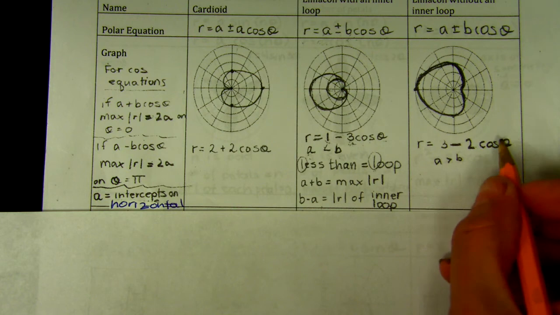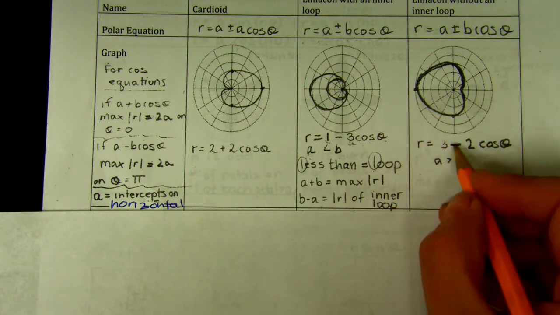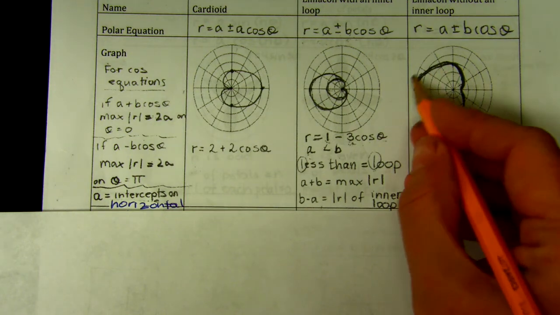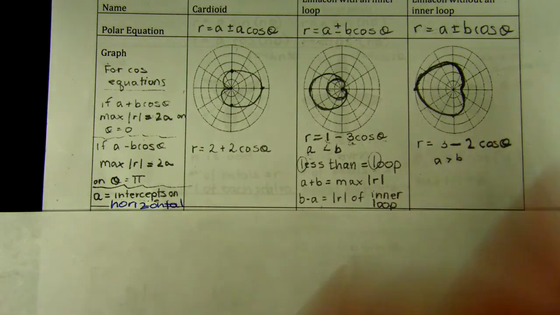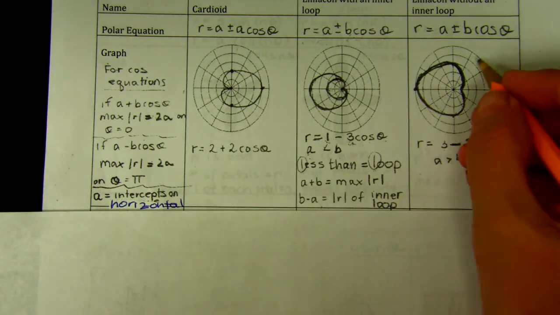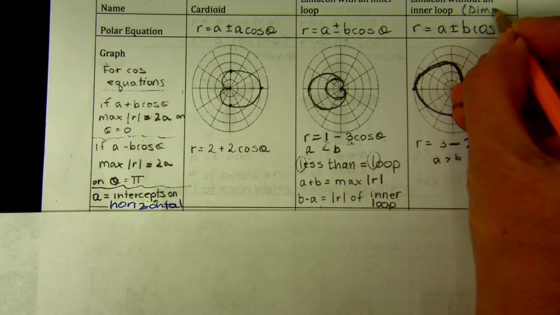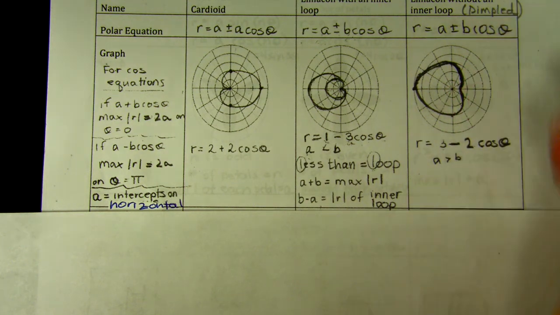It's a cosine theta, so we know it's going to be centered around the horizontal axis. It's a negative 2, so I know it's over here in the negative space. However, since 3 is bigger than 2, this is a dimpled limacon. It's got that little divot in it.